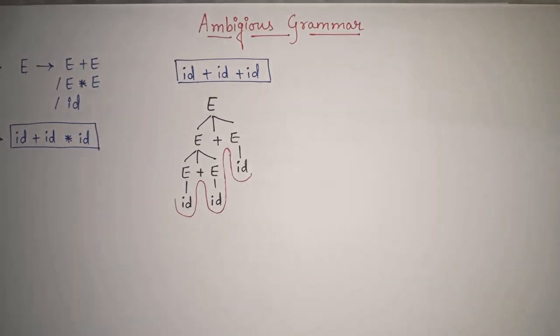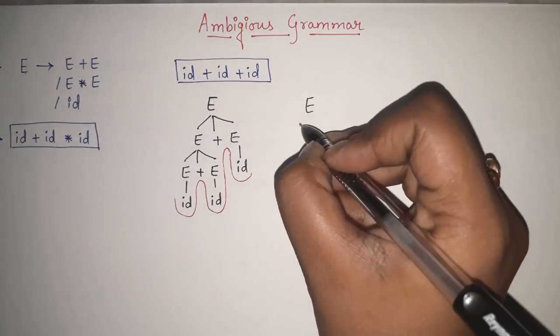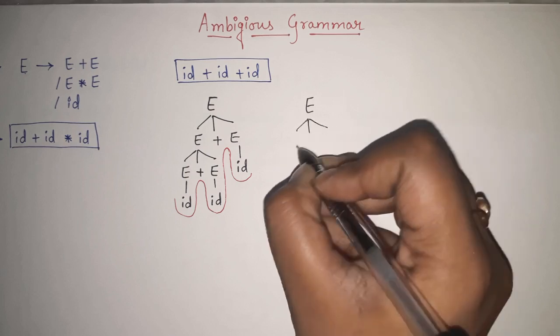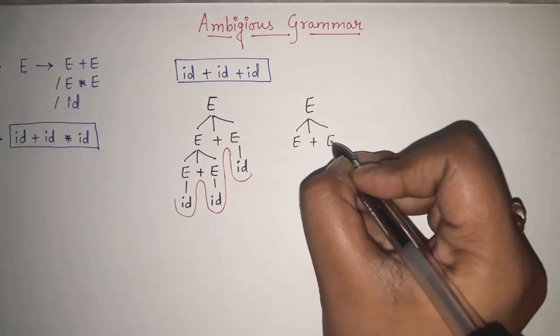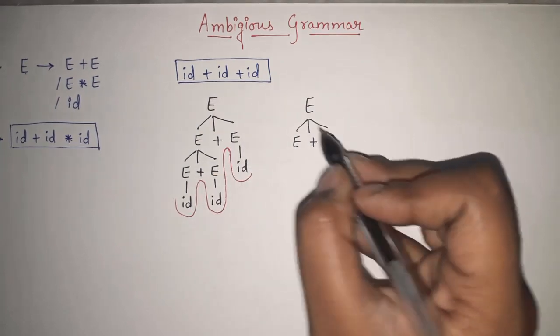That is my required string. Now, is there any other way that I can construct a parse tree and generate the given string? Let's see. E gives E plus E. This time, instead of expanding the left E, I expand the right side E also.